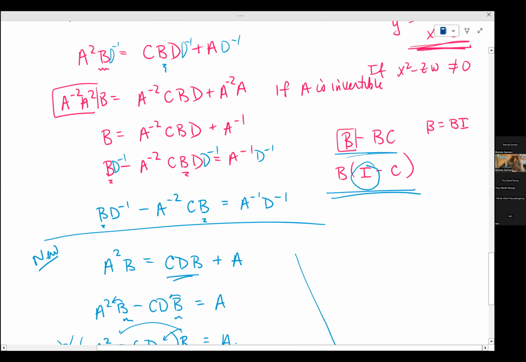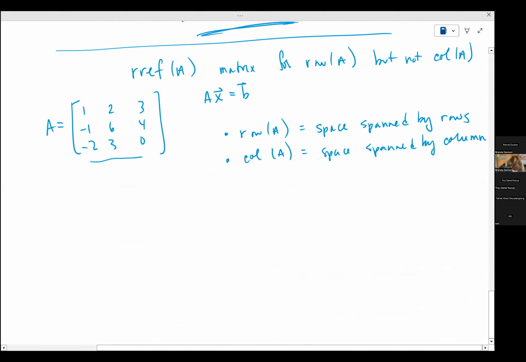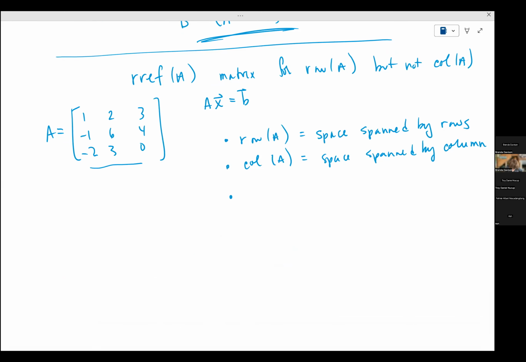Then we have the null space, which is the space of vectors for which Ax is equal to 0. And then we have the least used, the null space of the transpose.